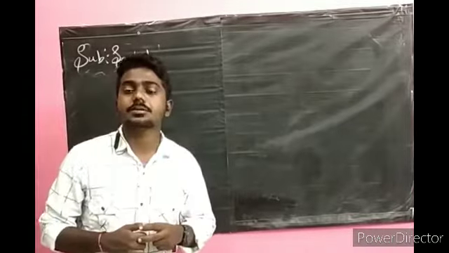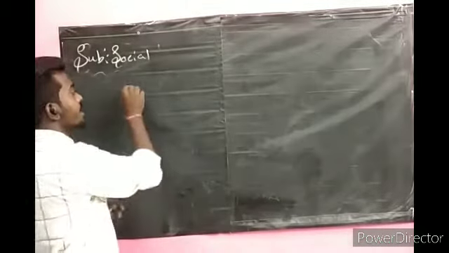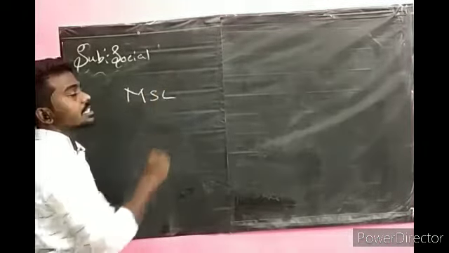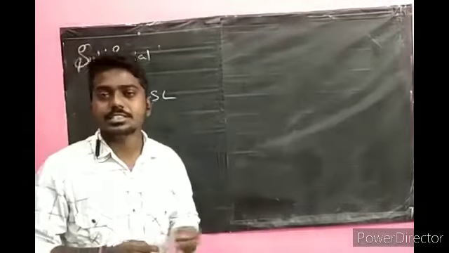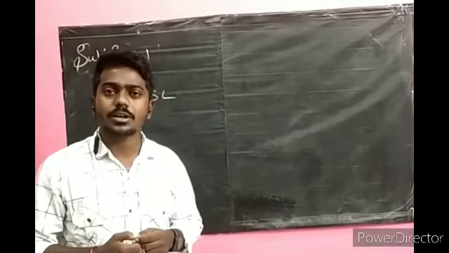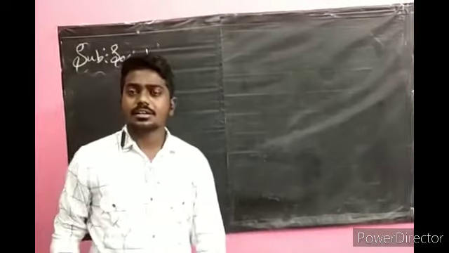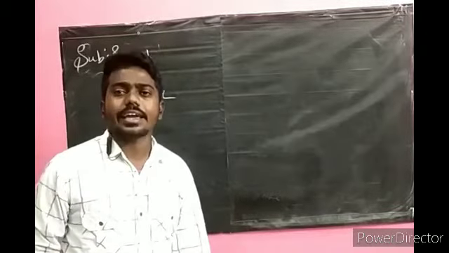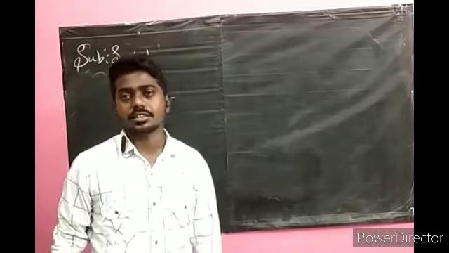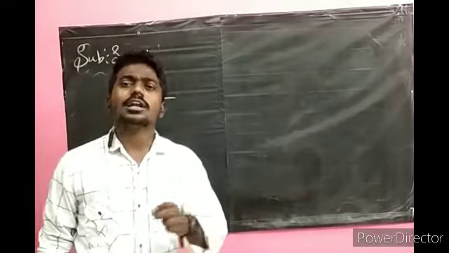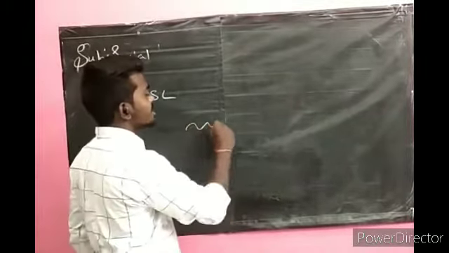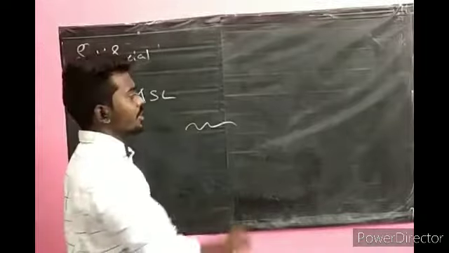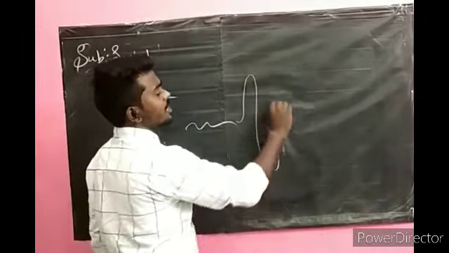Okay, at last we discussed the MSL, mean sea level. Just now I told you all heights of the land are calculated by the sea level. You already know sea level is not constant. The sea level is rising, falling, rising, falling.